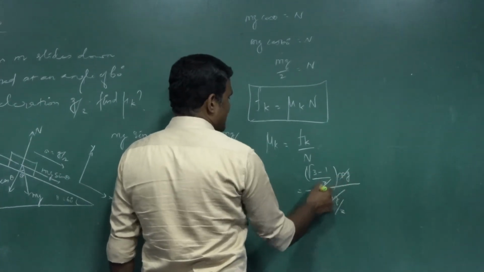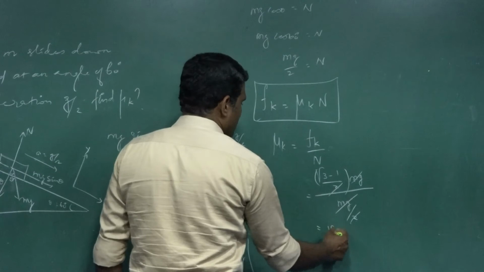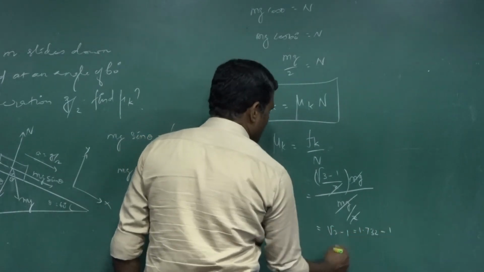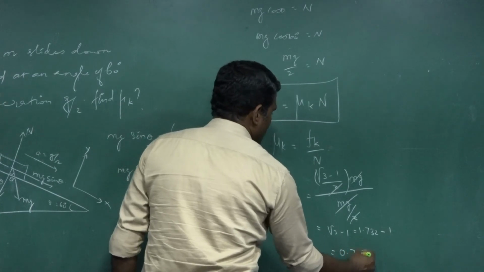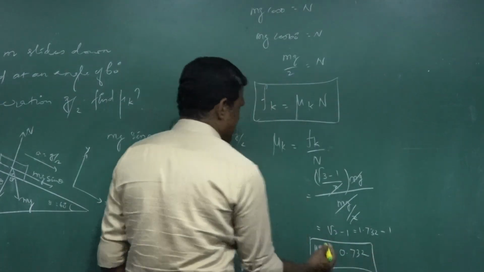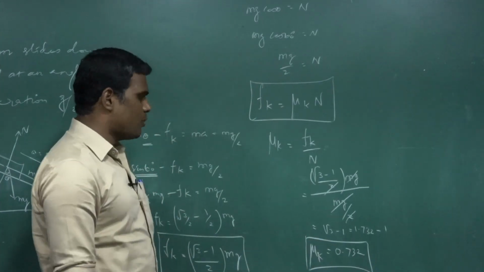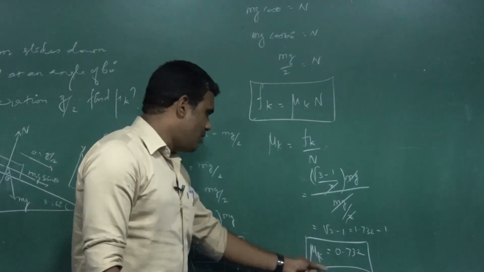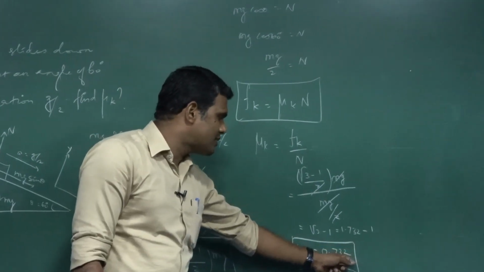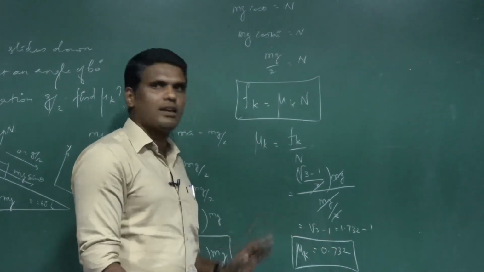So this mg cancels out, 2 gets cancelled out, you will get root 3 minus 1. Root 3 is 1.732 minus 1, 0.732. Mu k equals 0.732. The value of coefficient of kinetic friction is 0.732. There is no unit at all, it's a mere number.